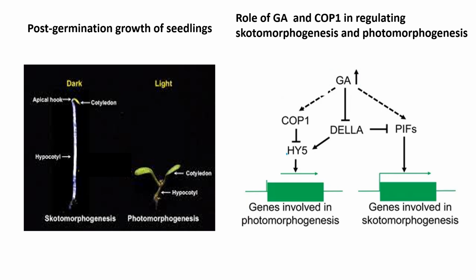In dark, photoreceptors are inactive and COP1 is largely present in the nucleus as part of the E3 ligase complex, which targets photomorphogenesis promoting transcription factors such as elongated hypocotyl 5 or HY5 for ubiquitination and degradation through the 26S proteasome pathway.